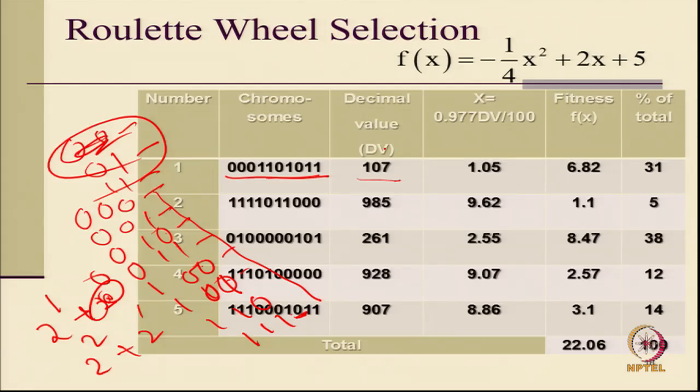I want to convert this into a regular number, that is our decimal value. It will be a 3 digit decimal value, supposing I have 1000.